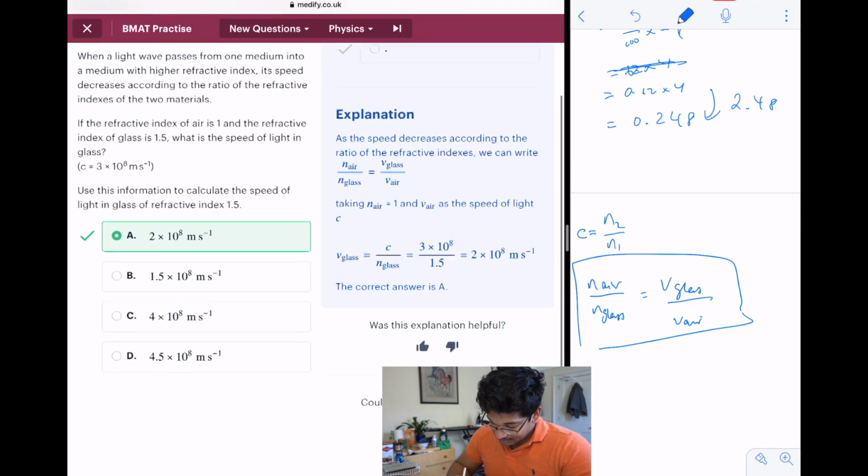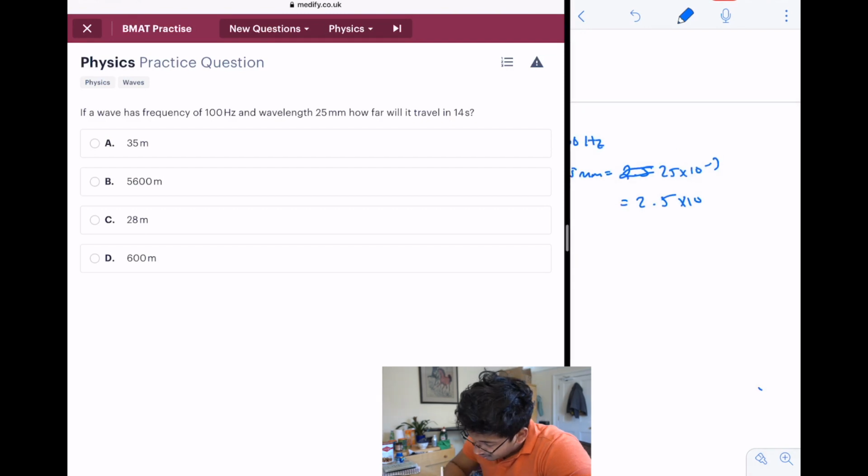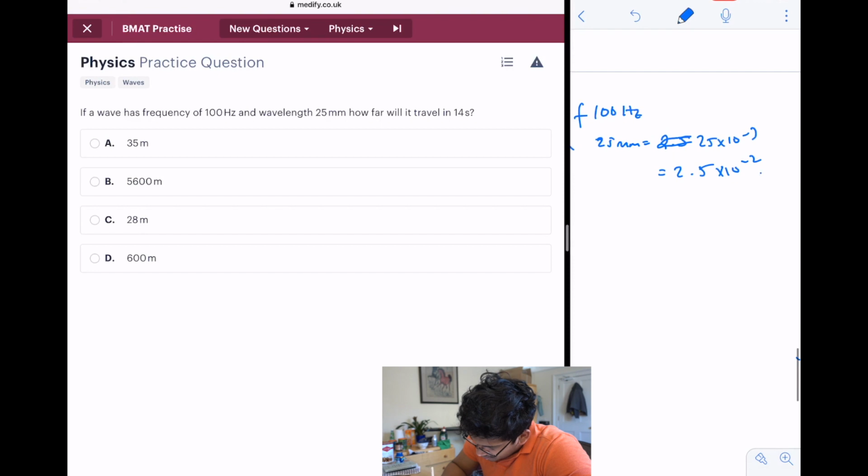Right, next one. A wave has a frequency of 100 hertz and a wavelength of 25 millimeters. So that's 25 millimeters; to get into meters, I need to divide by 1,000. So it'll be 25 times 10 to the minus 3, which is equal to 2.5 times 10 to the minus 2 meters.